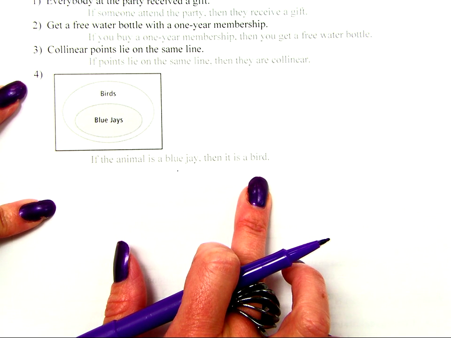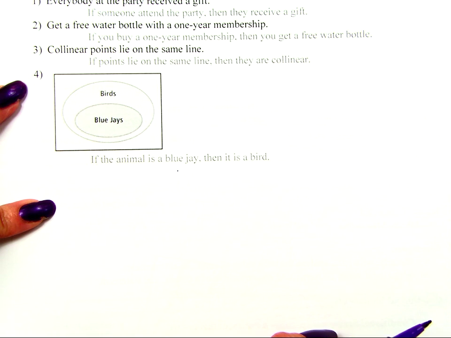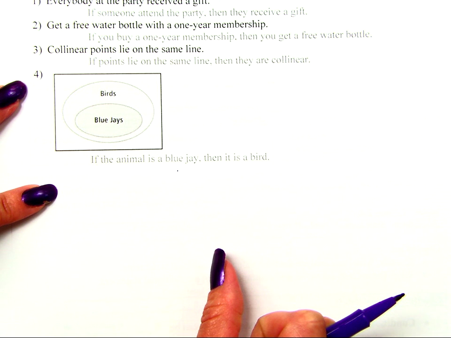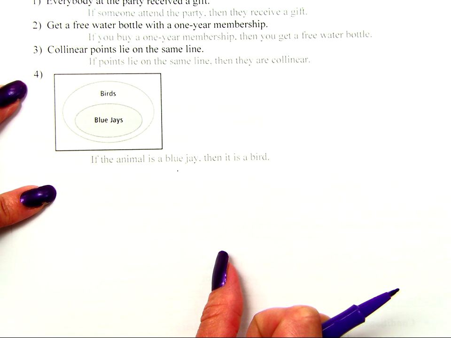Because if we turn it around, if the animal is a bird, then it is a blue jay. That's saying for sure it would have to be a blue jay, and we know that there are other types of birds. It could be a robin, it could be a blackbird. And so in this case, my hypothesis has to say that if the animal is a blue jay, the conclusion is it is a bird.